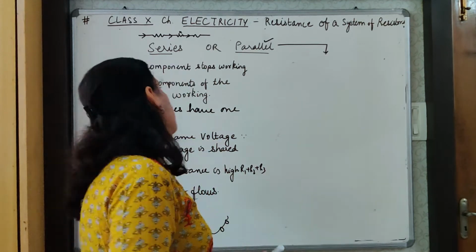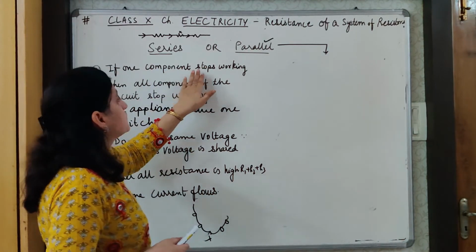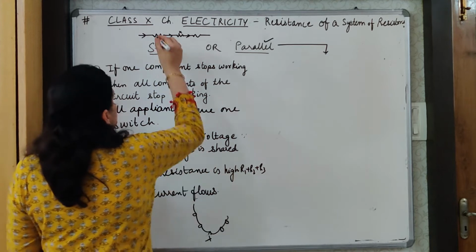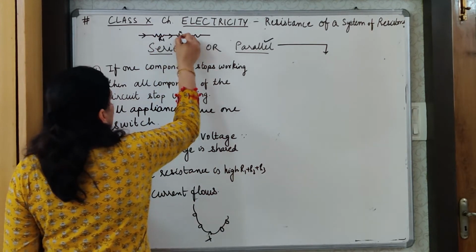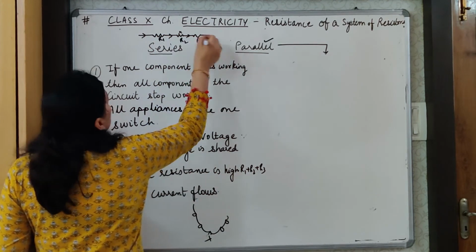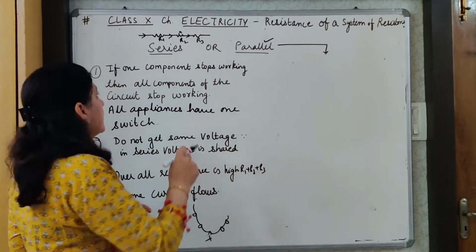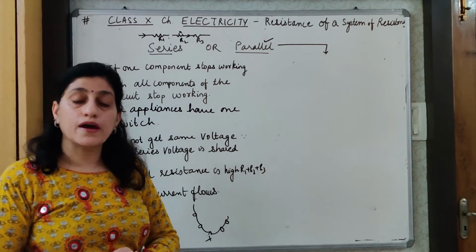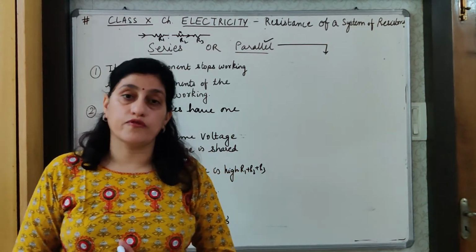So we begin. The first disadvantage of series is that in series the combination is like this, say R1, R2, R3, one after the other, and if anywhere the circuit is broken, the flow of current will stop and the entire circuit will stop working.